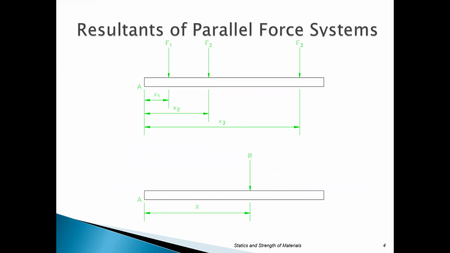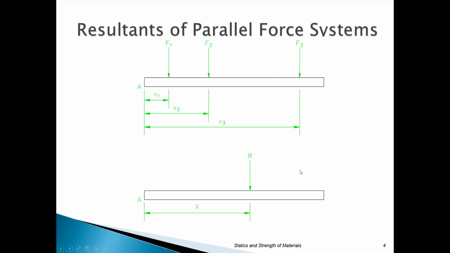If this up here represents your beam, and you're loading it with a force and a distance over, and another force and a distance over, and another force and a distance over, you can replace those three vectors with one vector, the resultant, but you have to know where to put it. So is it here, or is it here, or is it here?